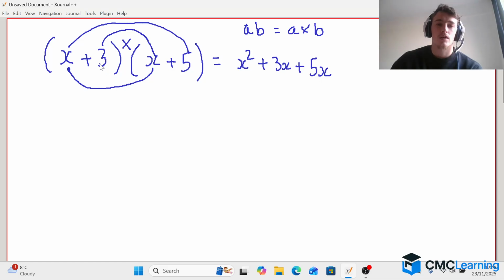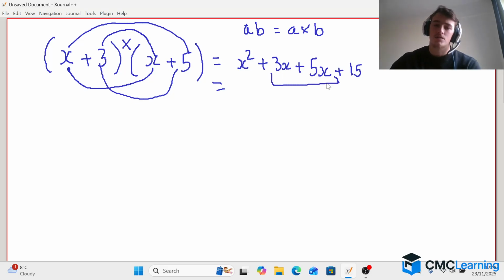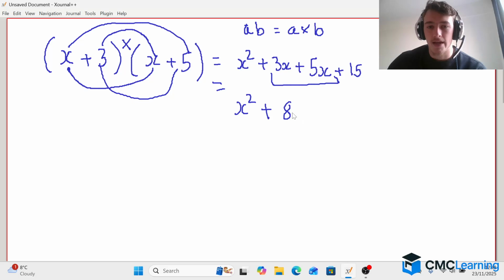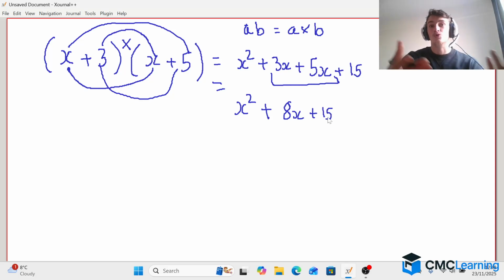And then we'll do this 3 times the 5. Then we can simplify like terms: 3x plus 5x is 8x. So x squared plus 8x plus 15. Okay, so that's how you do it.